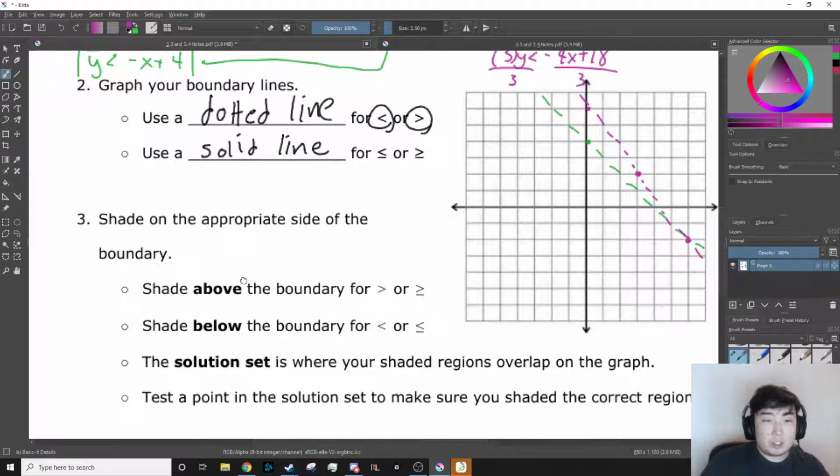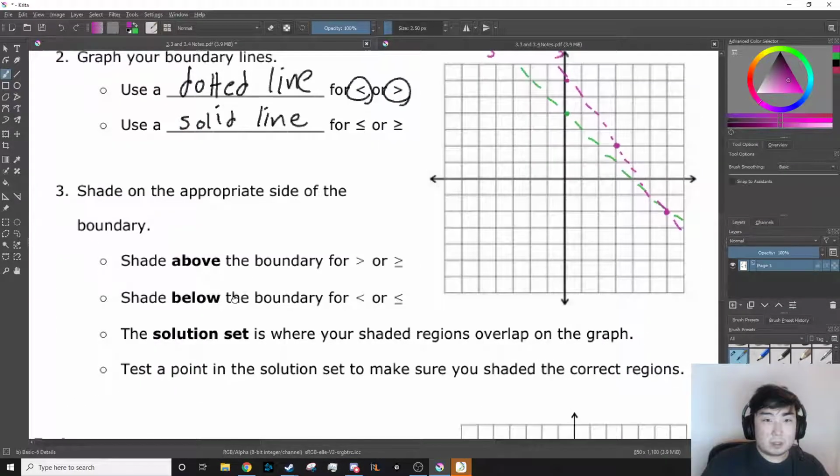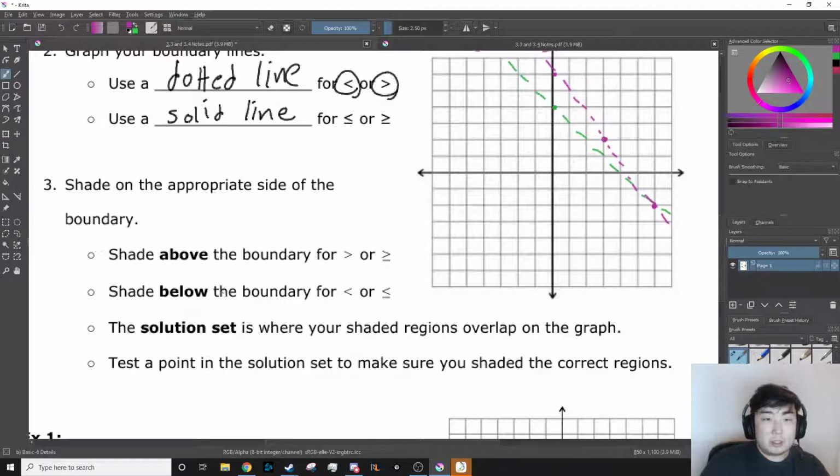Step 3. Shade the appropriate side of the boundaries. So it says shade above the boundary whenever these are greater than, and shade below if this is less than.